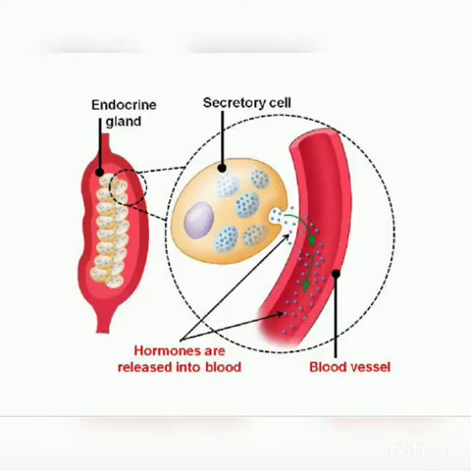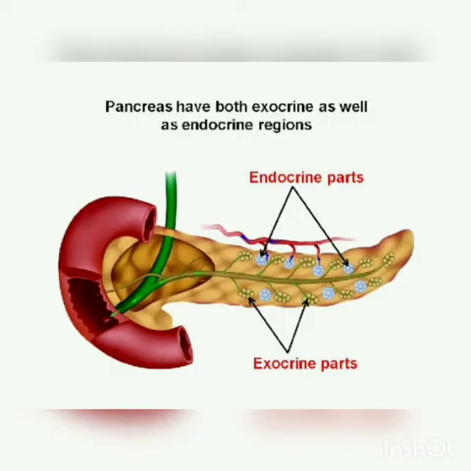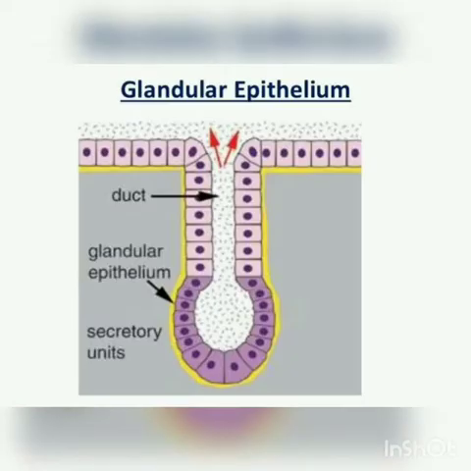In contrast, endocrine glands do not have ducts; they are ductless glands. Their secretions are called hormones, which are secreted directly into the fluid bathing the gland. They mix directly with our blood. What? These hormones.